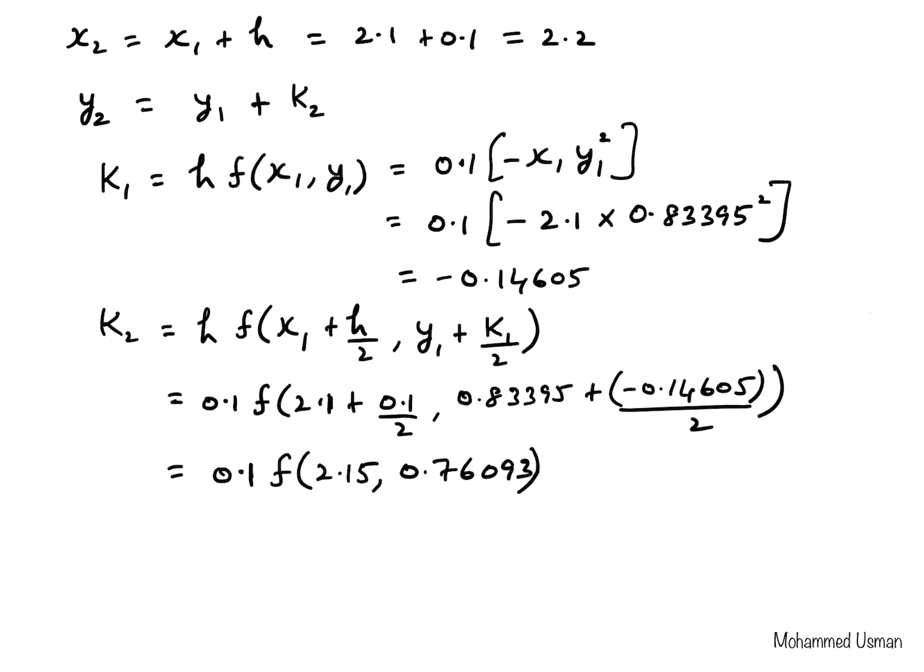0.76093. So that will make it as 0.1 into minus xy squared, minus 2.15 into 0.76093 squared.